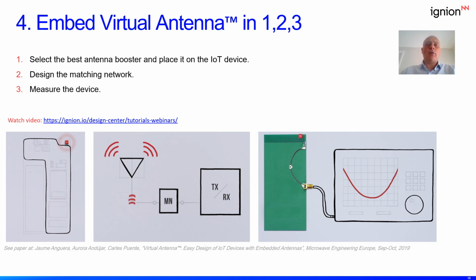As we saw, the matching network is between the antenna booster and the transceiver, and it has the mission to maximize the power from the transceiver that goes into space, and also to maximize the incoming power from space to be transmitted into the receiver. And last, to ensure that everything works properly, is to test the response in terms of S11 with a vector network analyzer and also the efficiency with an anechoic chamber. Please have a look at these videos where you can get more information about this process.